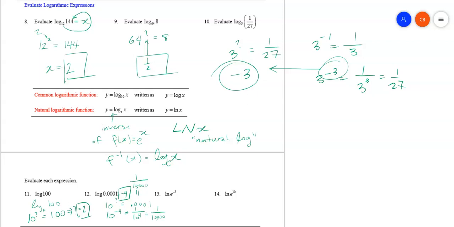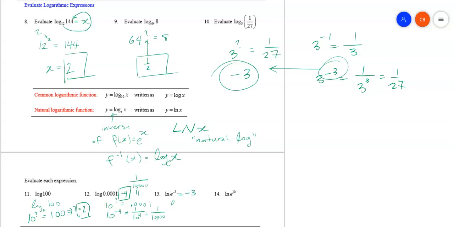Similarly, we have ln of e to some power. We will see it as one of the properties of logarithms: if the argument has the same base and it's raised to some exponent, the answer is simply the exponent.